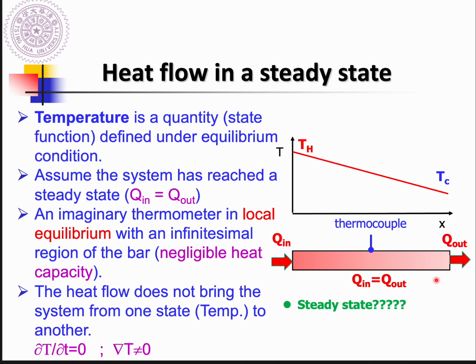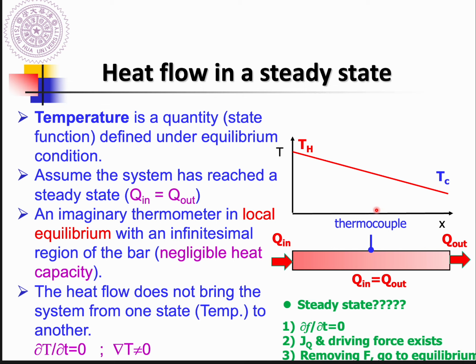So let's check whether this case is really heat flow in a steady state. There are three criteria. If it is a steady state, it needs to satisfy these three criteria, right? The first one, which we talked about in the previous slide: if it is a steady state, the state function does not change with time. Yes, because the temperature, this state function, does not change with time, right?